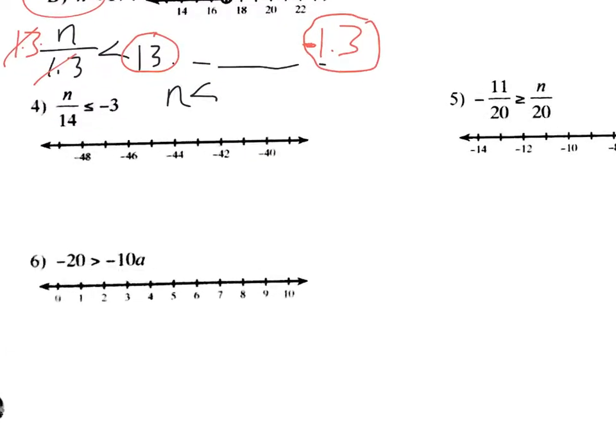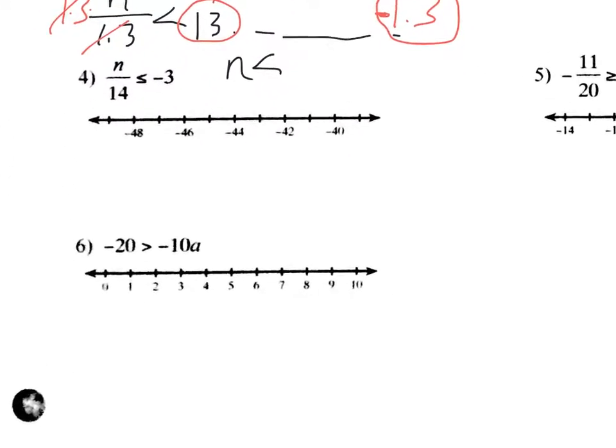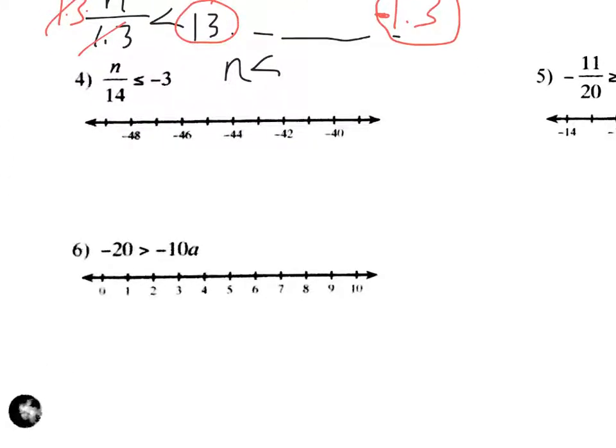Okay, now what about these where they're not multiple choice, where we actually have to solve them? Okay, so these are a little more straightforward. So the first one, n over 14 is less than or equal to negative 3. How do I get rid of the 14? I multiply. So let's cancel. Now, that leaves n.